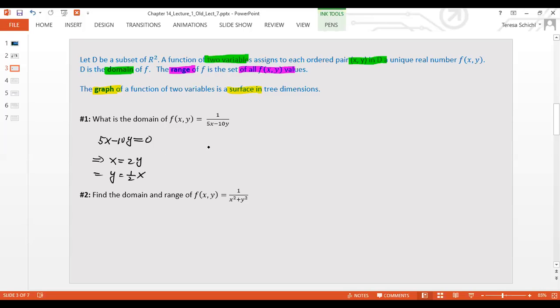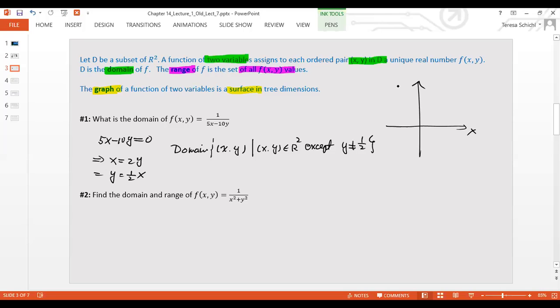So the domain is both x and y in R2, except y cannot be equal to 1/2 of x.